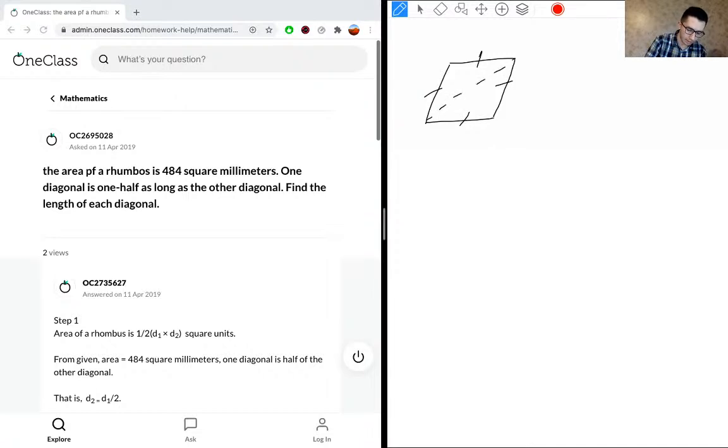So the diagonal here and the diagonal here. These are how the givens are represented. So let me change the color here. We'll represent this diagonal as the variable p, and this diagonal as the variable q.